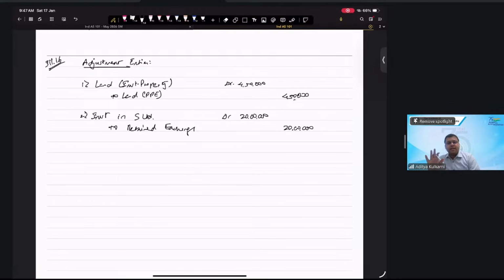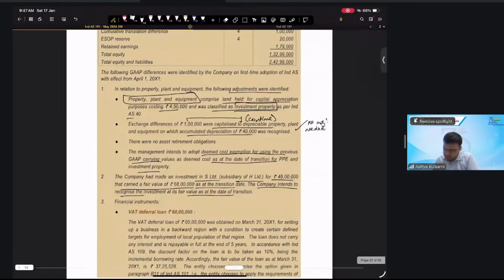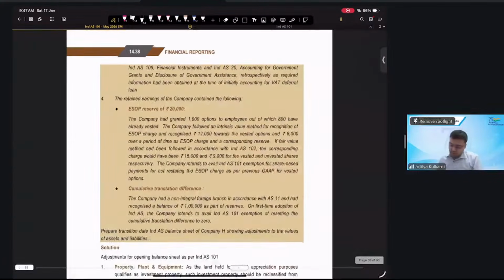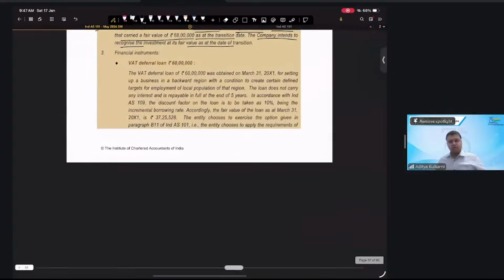But we have taken the stand that this is going to be at fair value in this question, which is why we are doing a fair value adjustment. Are you okay? So that takes care of this first adjustment. Second adjustment, third adjustment, VAT deferral loan.